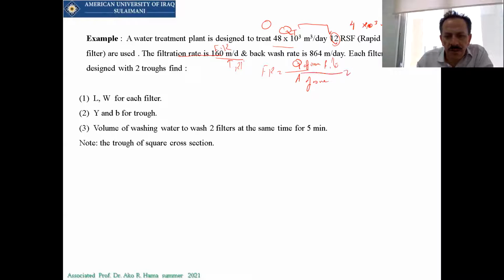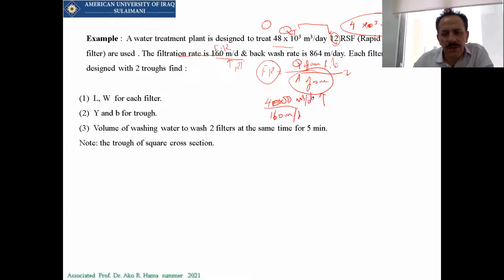What is the Q for 1 filter? It is 4,000. And what is the area of the 1 filter? I am looking for that one. So the 4,000 meter cube per day divided by 160 meter per day will give you the area of one filter.